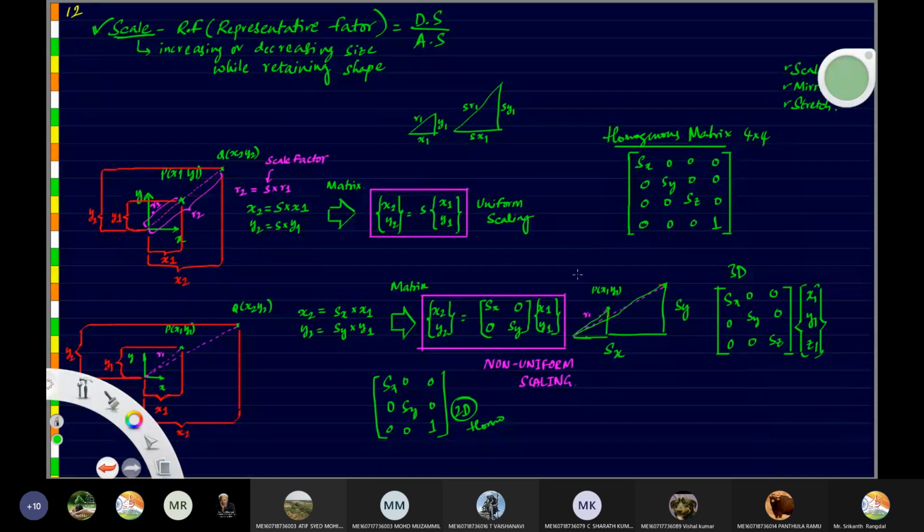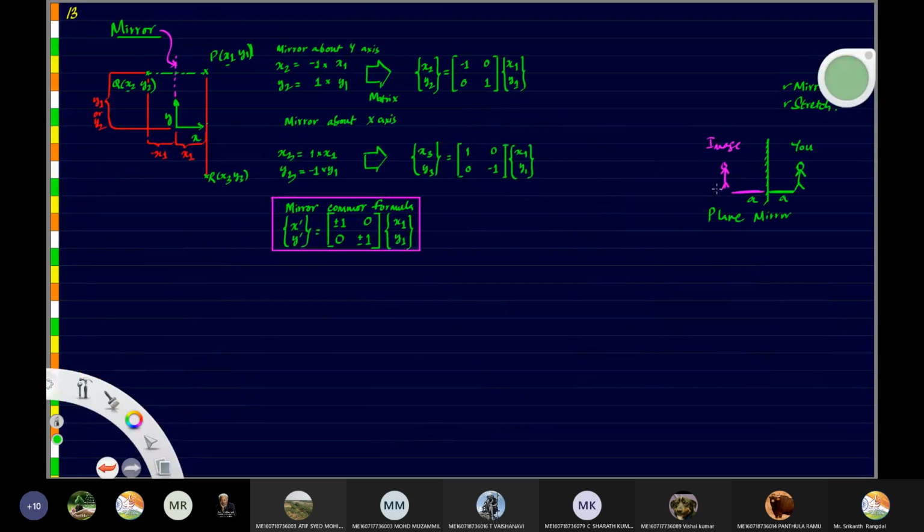See, in 2D we get a 3 by 3 matrix, and for 3D we get a 4 by 4 matrix. Keep these things carefully in your mind, and hope that will solve the problem for you.